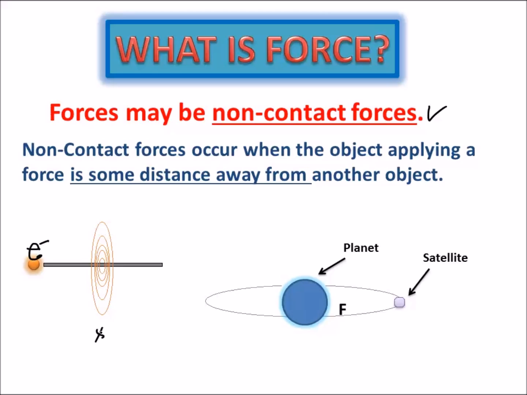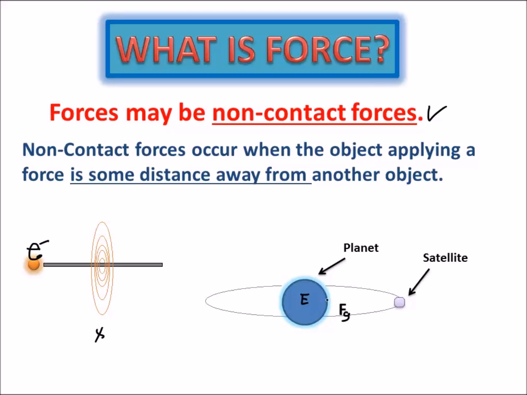Another good example is a planet, perhaps the Earth. And you can see a satellite around this planet. The satellite's in orbit, so you know there must be a force of gravity, a mutual attraction between both the Earth and the satellite.